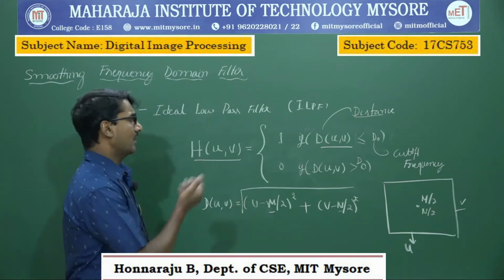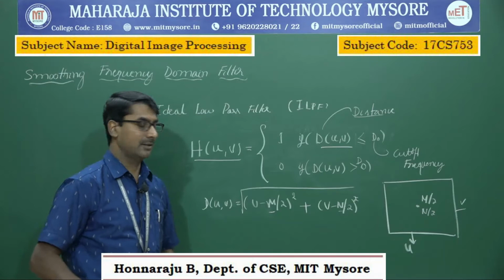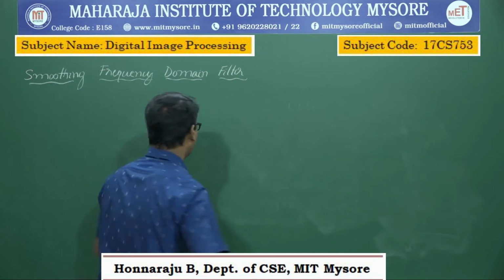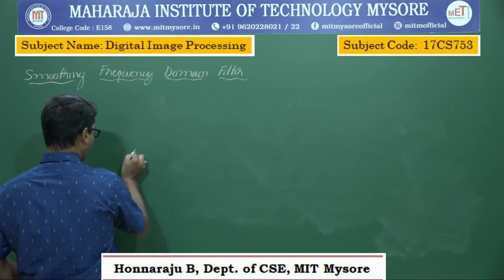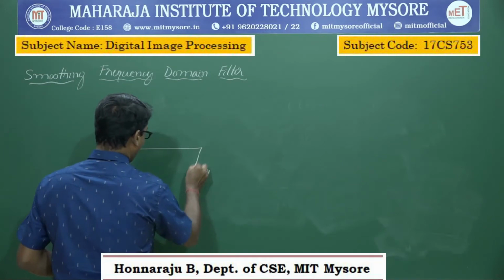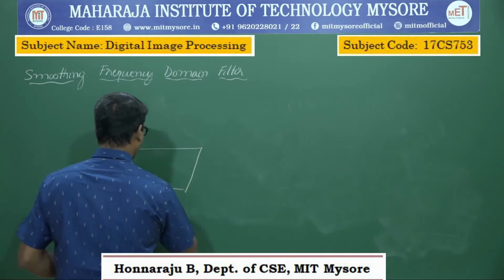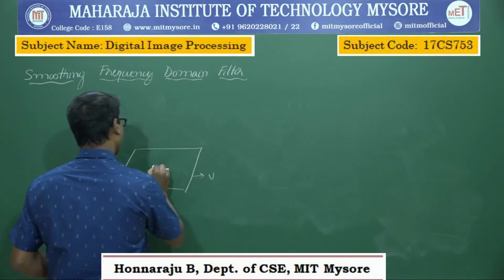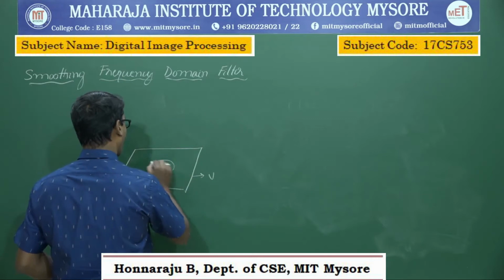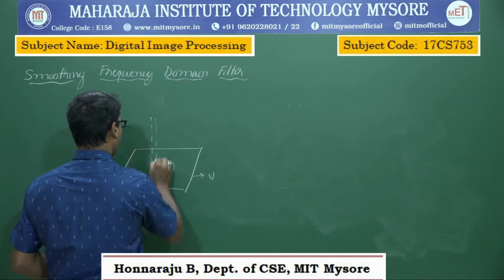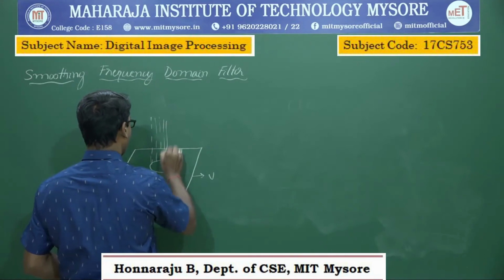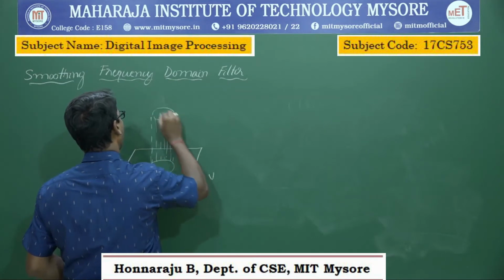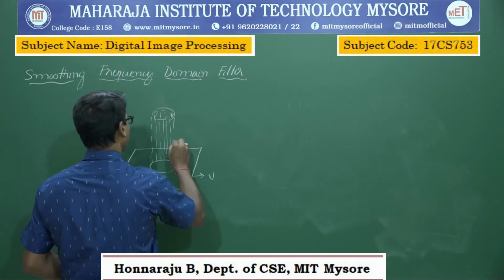Now, I will show the pictorial representation of the ideal low pass filter. In the ideal low pass filter, we consider a rectangular frequency domain. This is u and this is v.